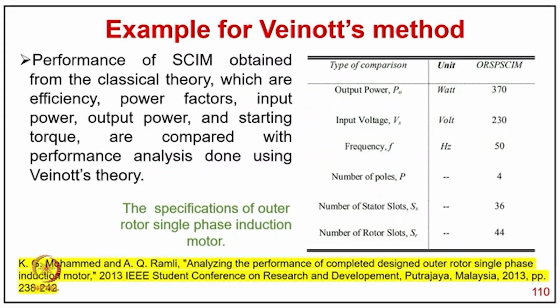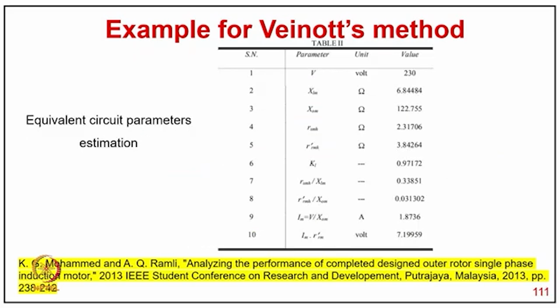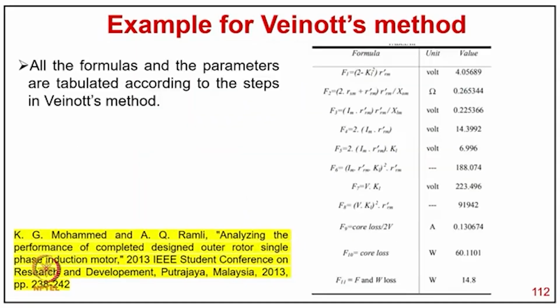This is taken from a research exercise, and equivalent circuit parameters are given here, starting from voltage and stator leakage overhang, then the stator resistance and rotor resistance referred to stator, then the other equivalent circuit parameters, and then the magnetizing current and magnetizing drop.